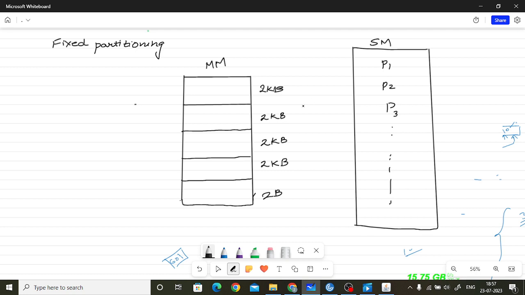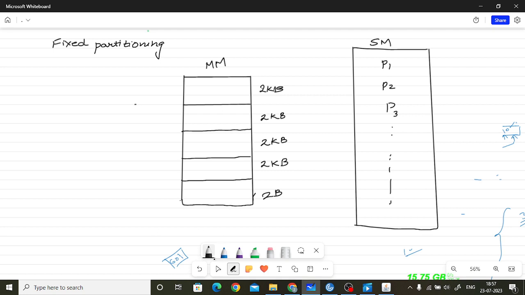What are the shortcomings in this method? Let's come on to variable size fixed partitioning.